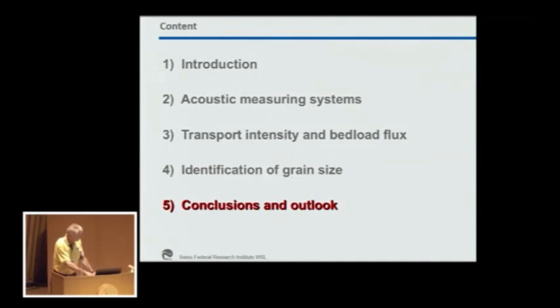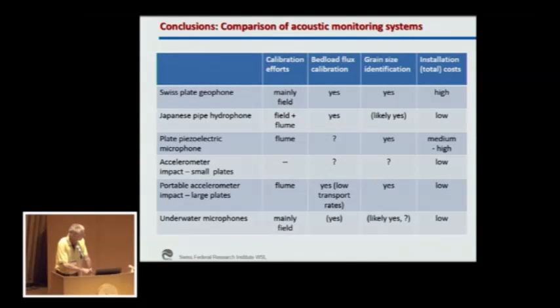So this brings me to the conclusions and outlook. I've prepared a table summarizing the main findings and possibilities that these different systems have. To make the story short, I think most of these systems can really be calibrated by flume or field measurements.